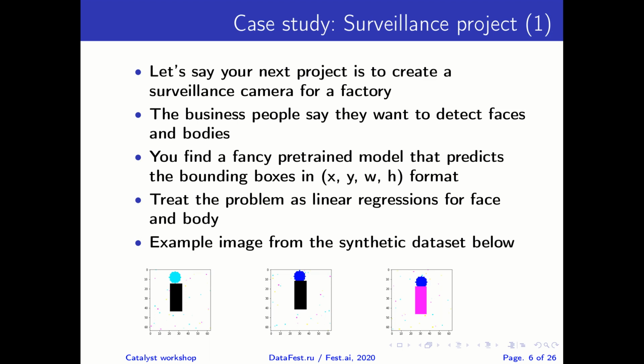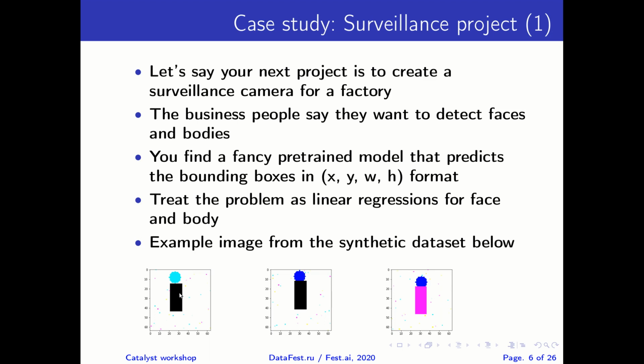You can treat this as a linear regression with a mean squared error, and use some sort of fancy pre-trained model for this, maybe some sort of RetinaNet, or some fancy model you have found online, and in the end you have a regression head for X, Y, W, and H. So you found them, and here are example images from the synthetic dataset.